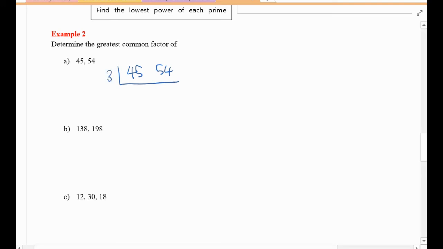Let's do 3. It becomes 15 and 18. And let's do 3 again. 5 and 6. Then we multiply vertically. 3 times 3 is 9. So 9 is the GCF.